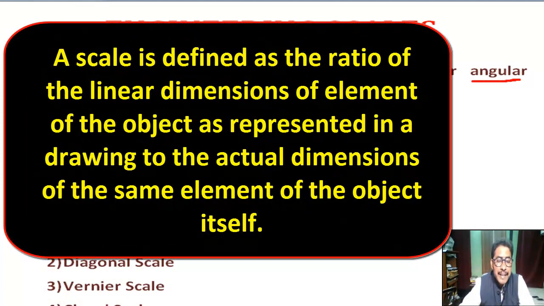A scale is defined as the ratio of the linear dimension of the element of the object as represented in a drawing to the actual dimension of the same element of the object itself.